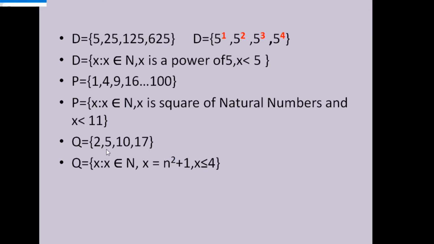And finally I got all the 4 elements satisfied. So I have written set Q is equal to the set of x such that x belongs to N, x equals n square plus 1 and x is less than or equal to 4. You can even write it as x less than 5.